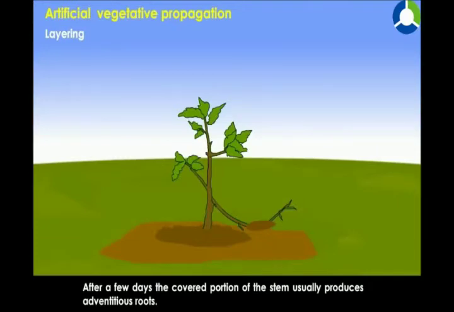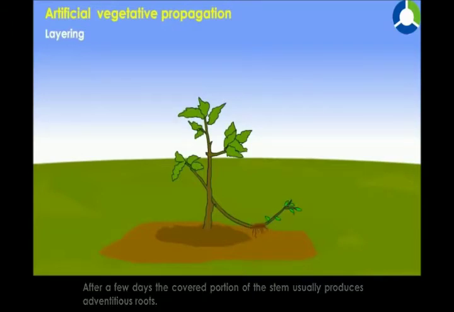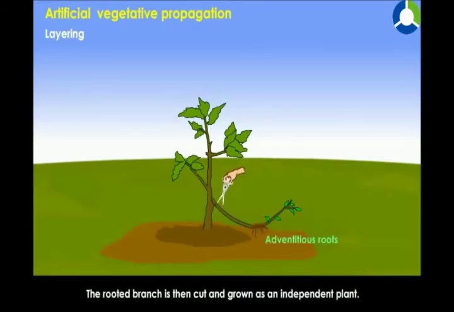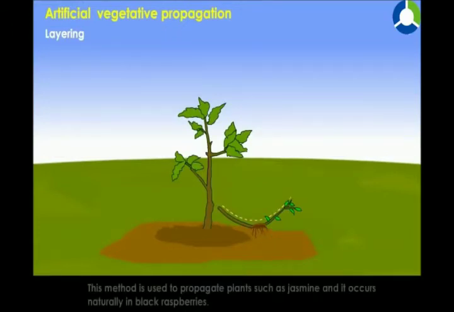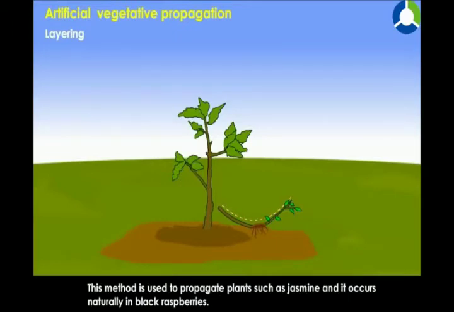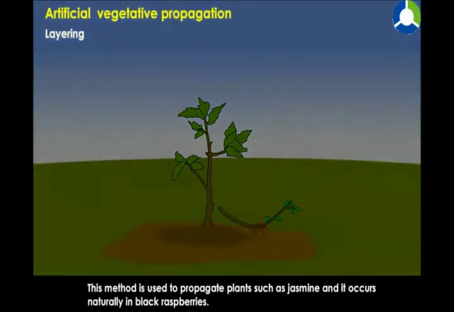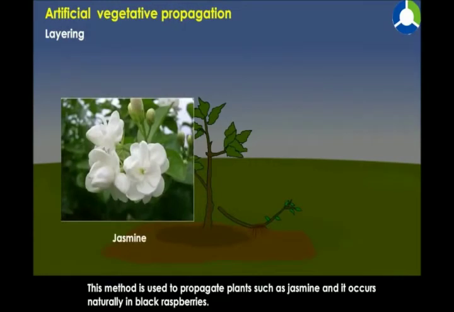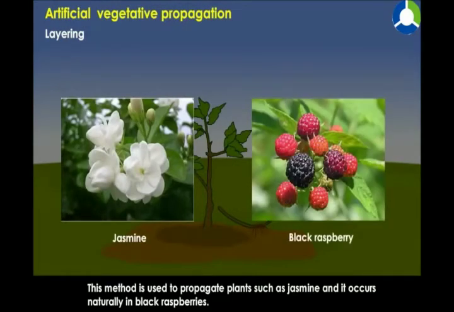After a few days, the covered portion of the stem usually produces adventitious roots. The rooted branch is then cut and grown as an independent plant. This method is used to propagate plants such as jasmine and it occurs naturally in black raspberries.